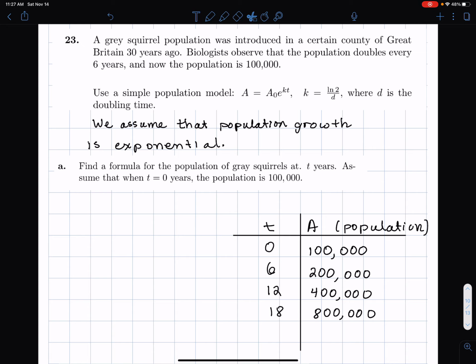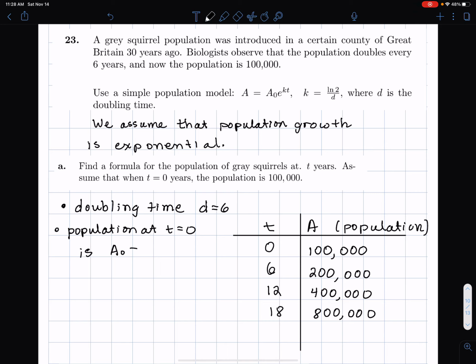As stated, the doubling time is D equals 6. The initial population at t equals 0 is A0 equals 100,000.